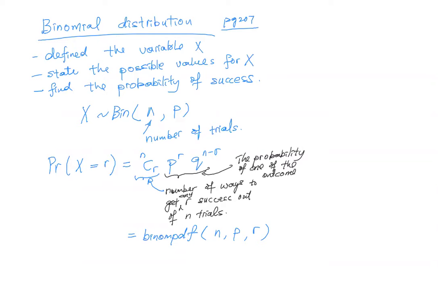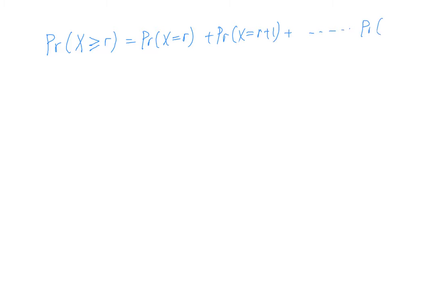Okay. So next one. If I want to find the value of this, that means I'm looking for probability of x equal to r, plus probability of x equal to r plus 1, plus until the last one, probability of x equal to n, correct?